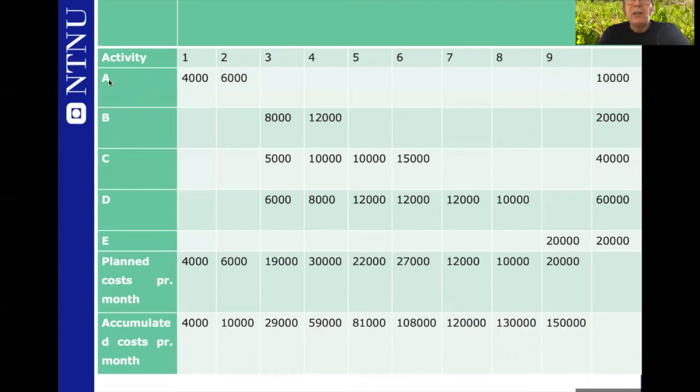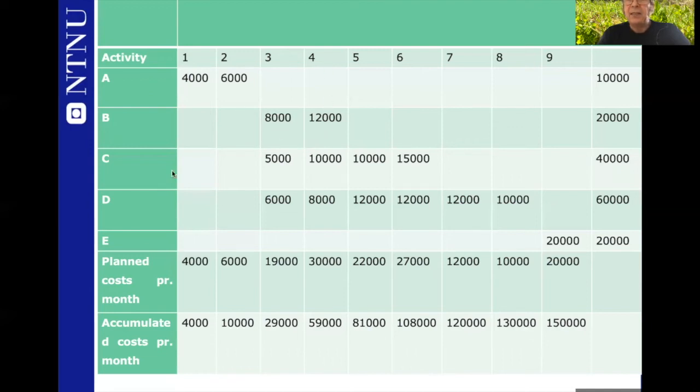When we are working on A, which has a duration of 2 months, in the first month we are supposed to use 4,000 kroner. And in the second month we are supposed to use 6,000 kroner. B also has a duration of 2 months, but in the third month we use 8,000, and in the fourth month we use 12,000.